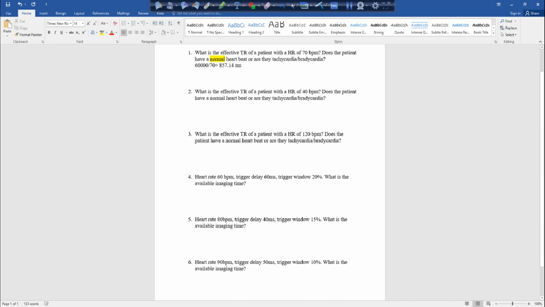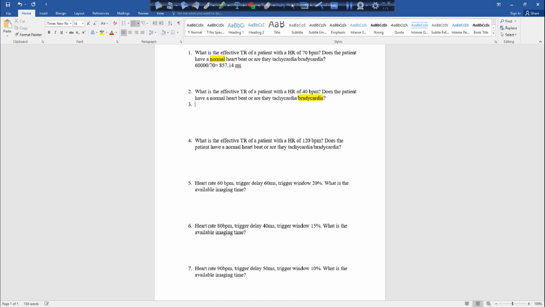All right, next one. Heart rate of 40 beats per minute. That gives us what type of heart rate? Bradycardia. And then our equation, 60,000 again divided by 40, equals what? 1,500.